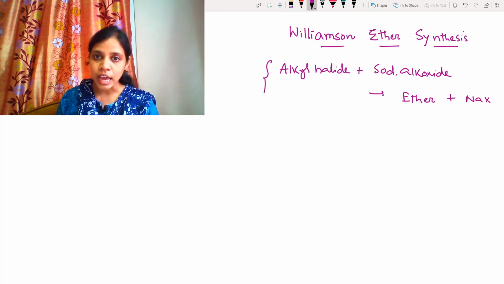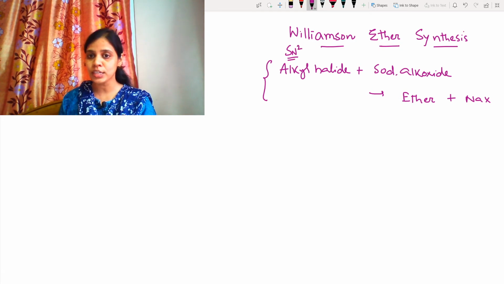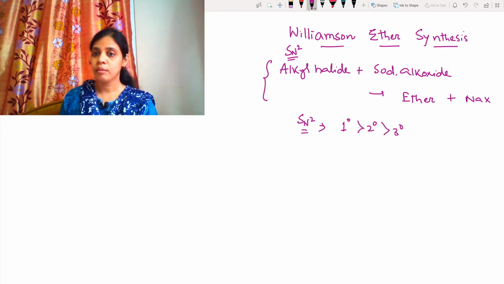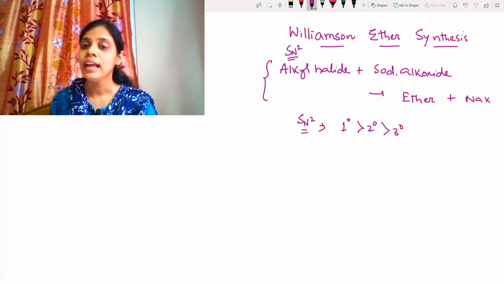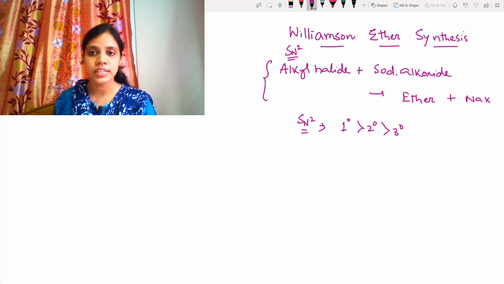As this reaction follows the SN2 path, you know for SN2 reaction, a 1 degree alkyl halide always gets preference over 2 degree or 3 degree, because for a 1 degree alkyl halide there is less steric hindrance.